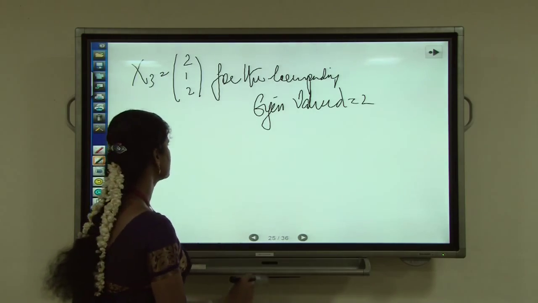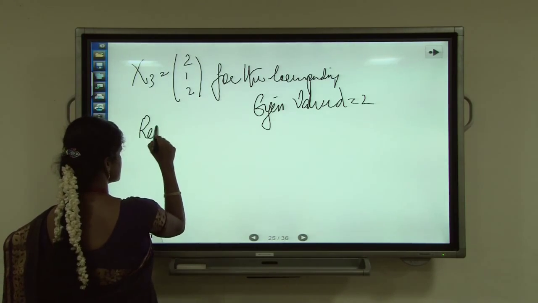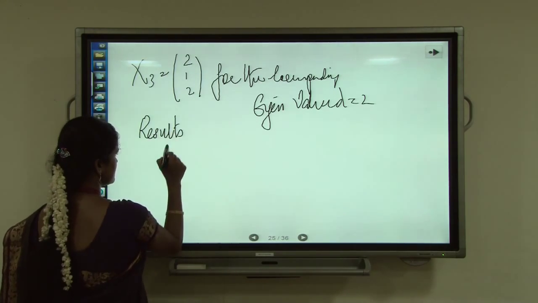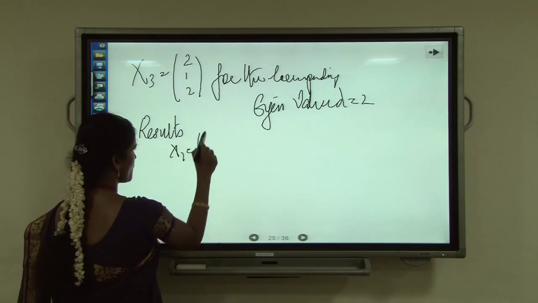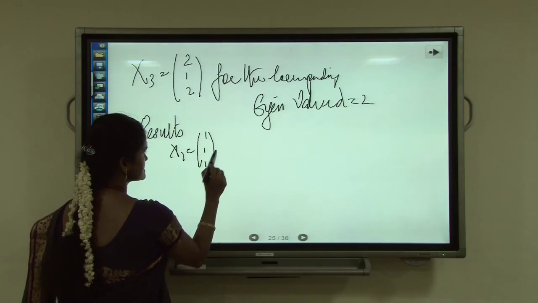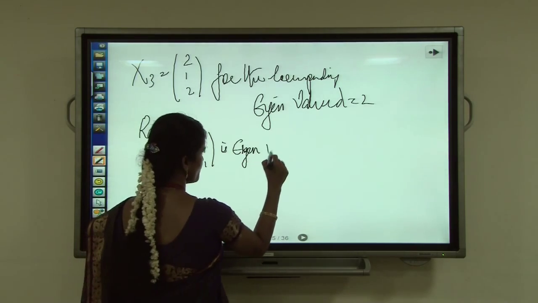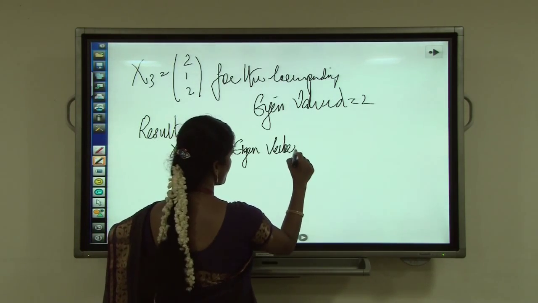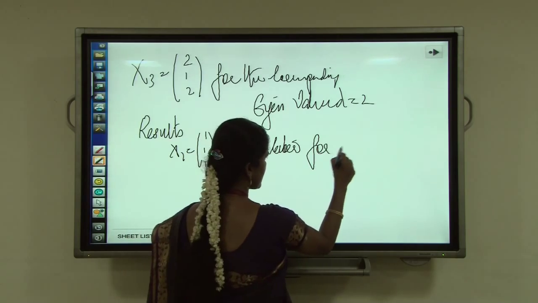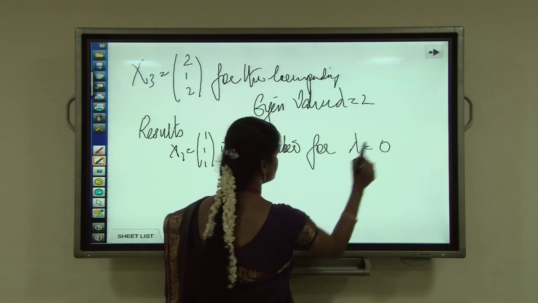So we could conclude by stating our result: X1 is 1, 1, 1, the eigenvector for the corresponding lambda is equal to 0.